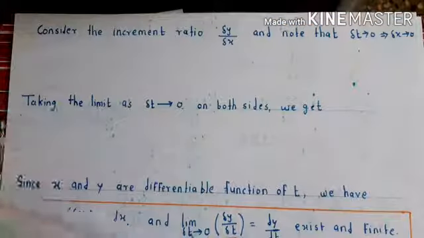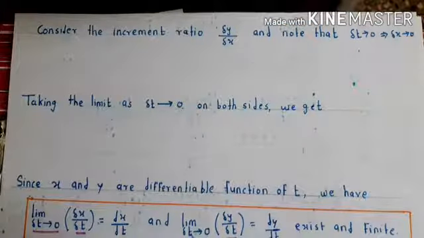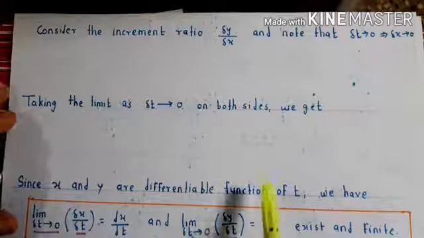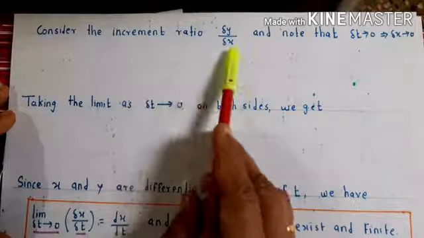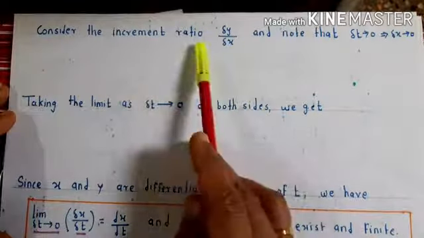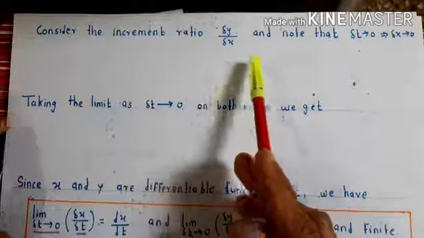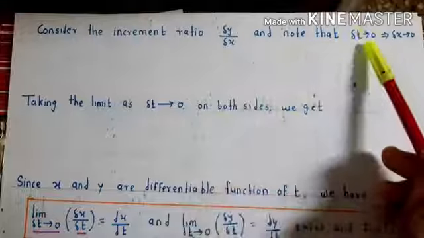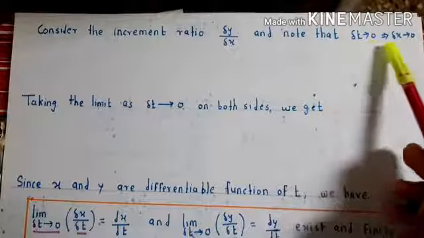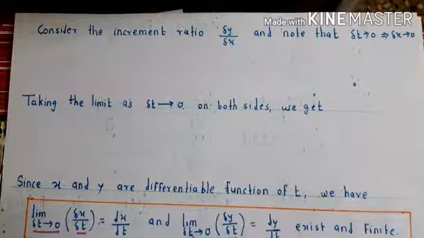Now consider the increment ratio. What we have to prove is dy by dx. Therefore the increment ratio is delta y by delta x. And note that as delta t tends to 0, delta x also tends to 0.